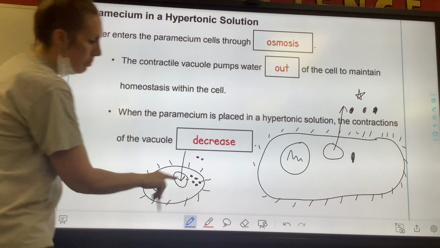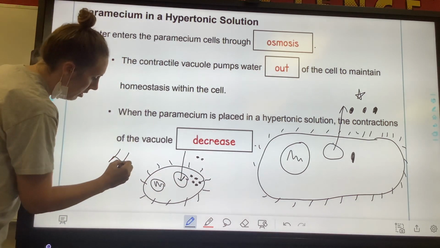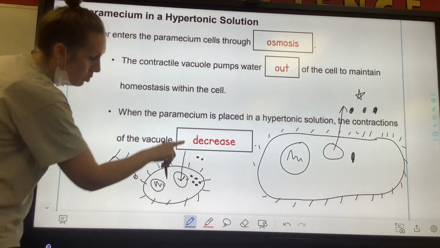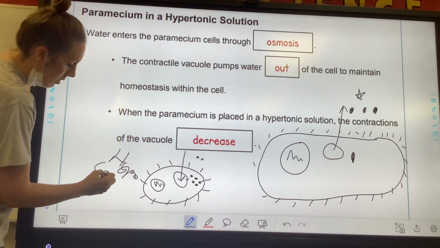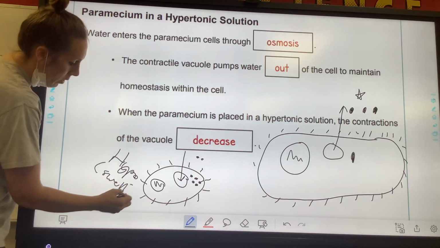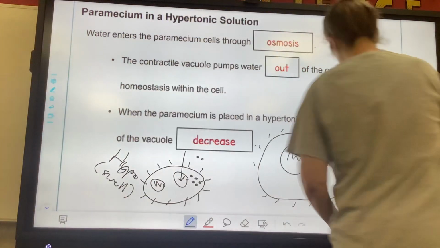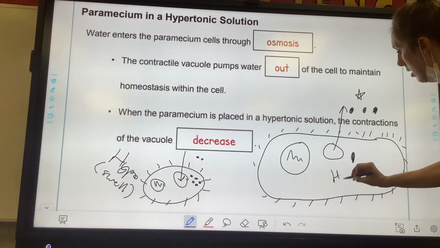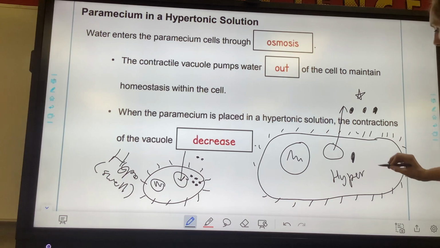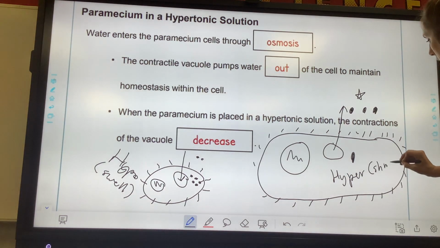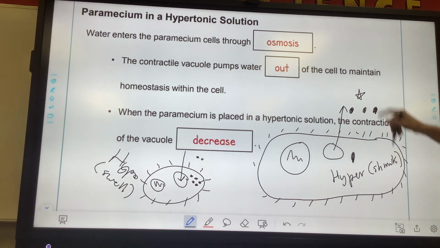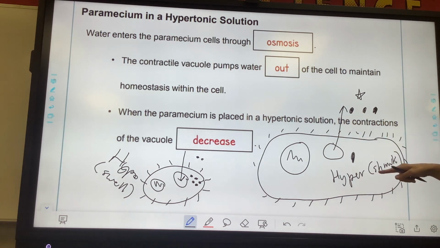So this is going to be hypo, because when the water comes in, it's going to make it bigger. Swell. This is going to be hyper, because it's going to shrink when it loses the water. I do want you to draw these two paramecium in the two situations. Pause this, I'm going to move on, but I do want you to draw these.